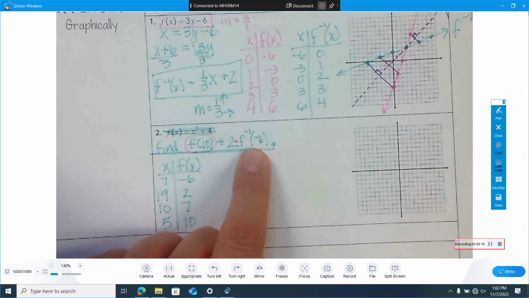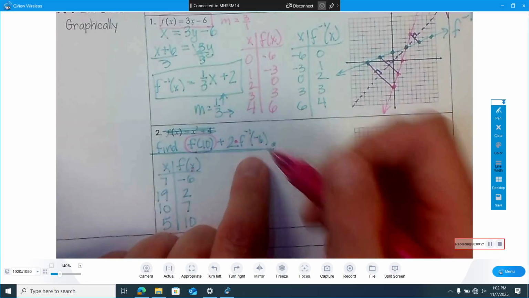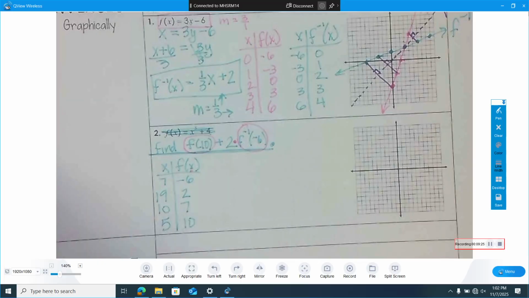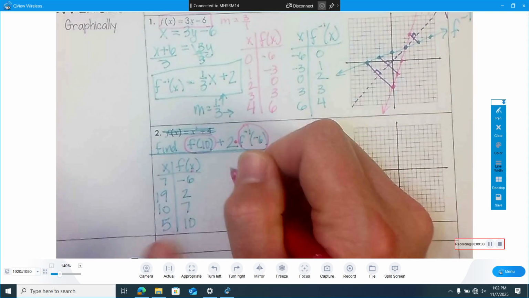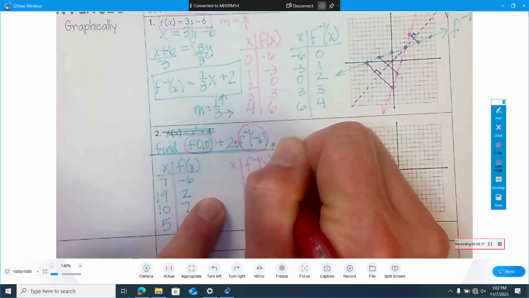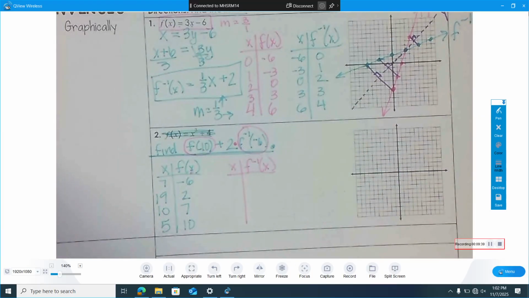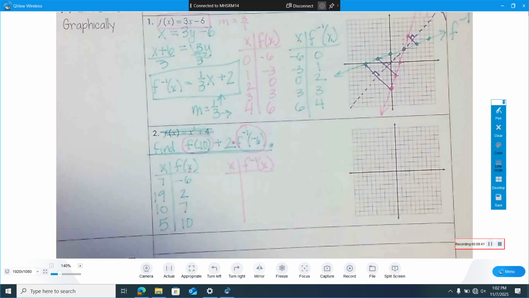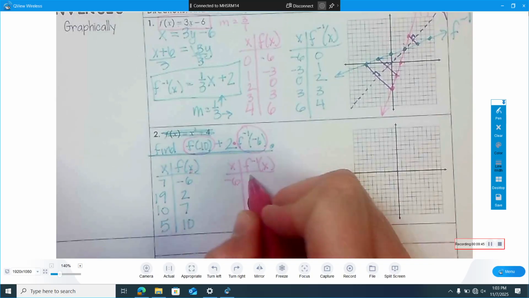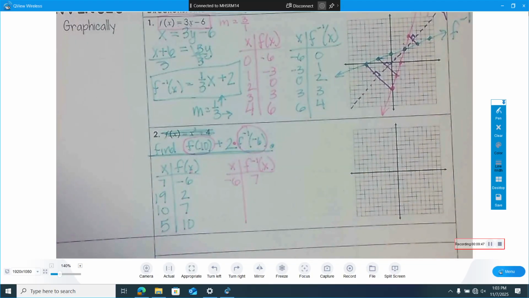But what function do we need to know? Inverse, yeah. This is saying, using the inverse function, do I have the inverse function? Can I create the inverse function? Yes, I can. If I have a table of values, then I can create my inverse function pretty easily. All we have to do is swap those things.